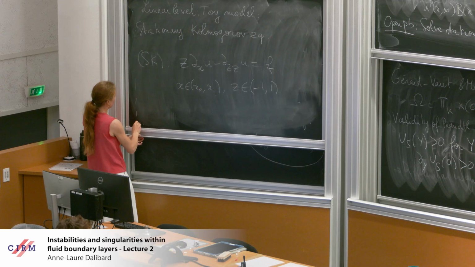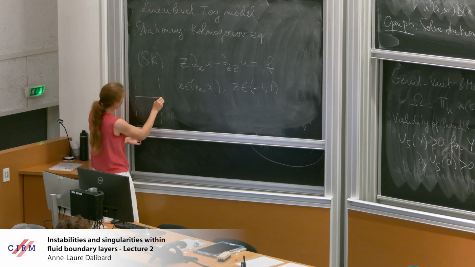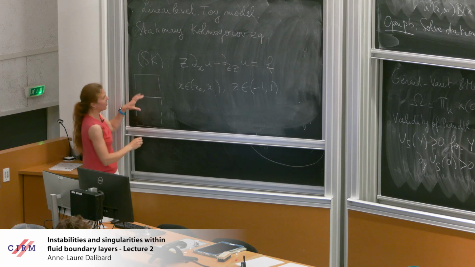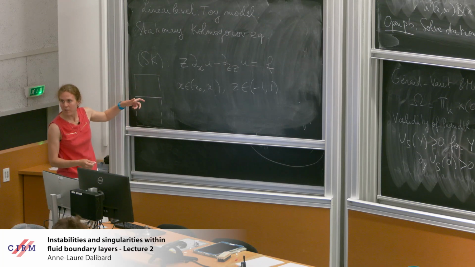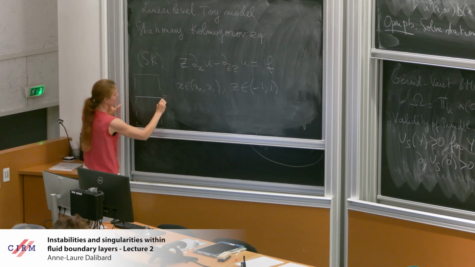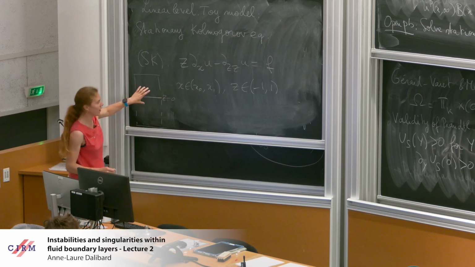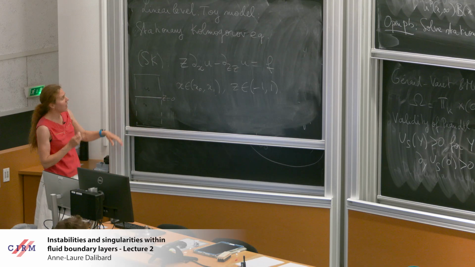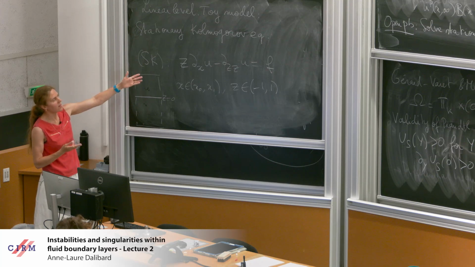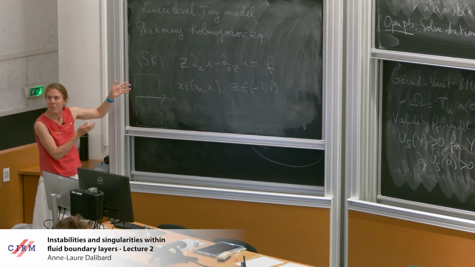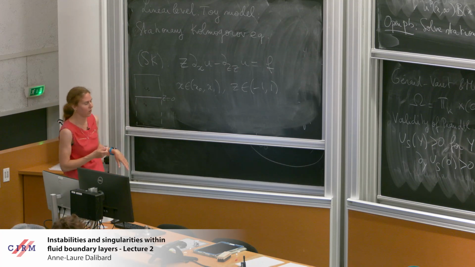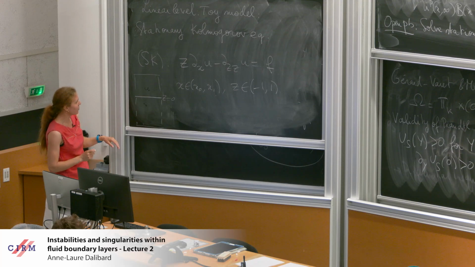It's the same type of picture as the one over there, except that in this case, the line where you change the parabolic behavior is fixed and equals 0. So instead of having these curved lines, it's just a straight line at z equals 0. But actually, it looks like a toy model, but this is the real underlying model for the whole Prandtl system, as I'll explain tomorrow.